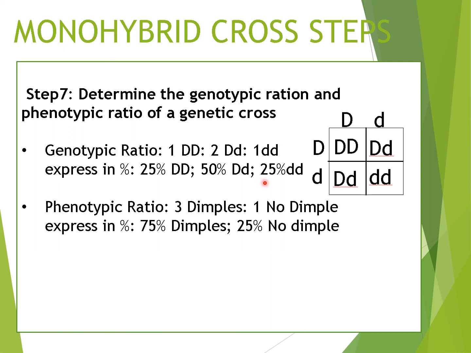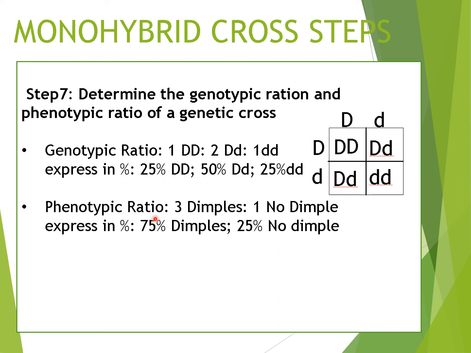How about the phenotypic ratio? We can get the phenotypic ratio by interpreting the genotypic ratio. Always remember that the presence of the dominant allele in a genotype expresses the dominant trait. So based on our genotypic ratio, we have 1, 2, 3.